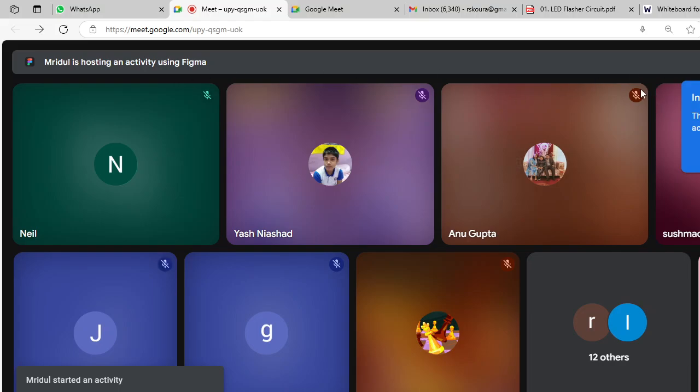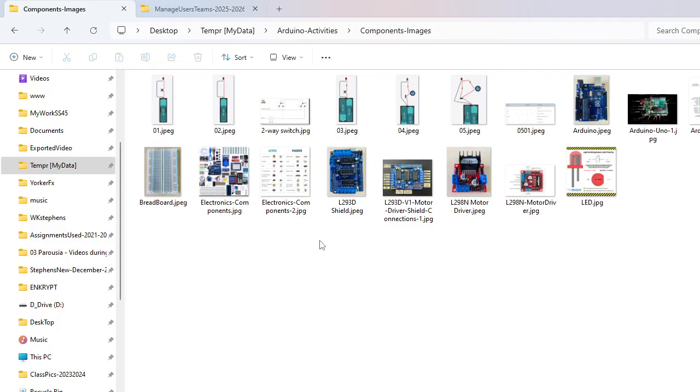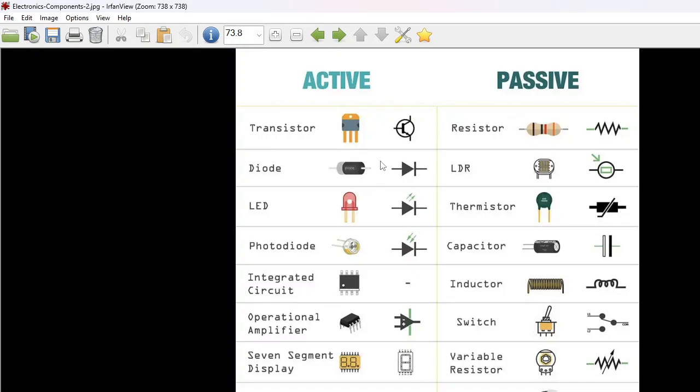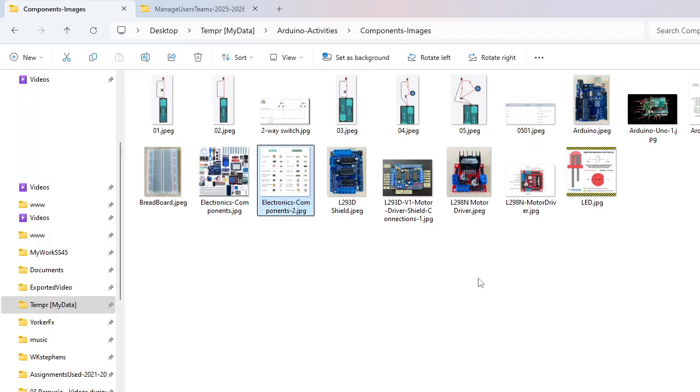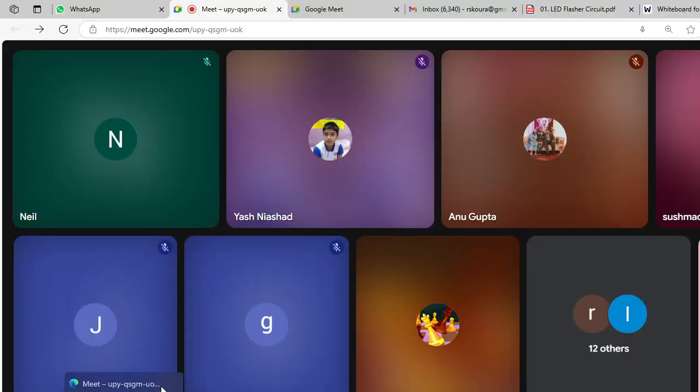Okay, capacitors. Sir, I missed the class where you explained about the breadboard. Yes, breadboard. True. We do breadboard also.